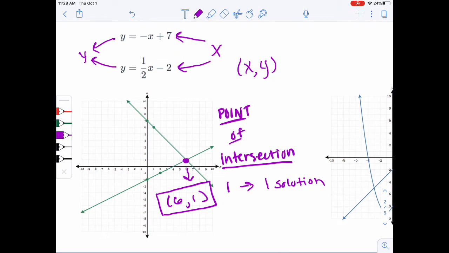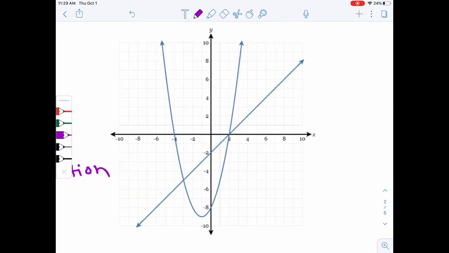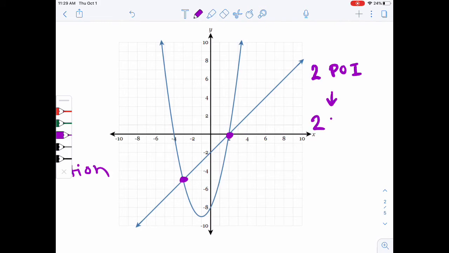Let's take a look at the second graph. Here we have 2 points of intersection. Since I have 2 points of intersection, I'm going to have 2 solutions. I need to write the ordered pair for each point.